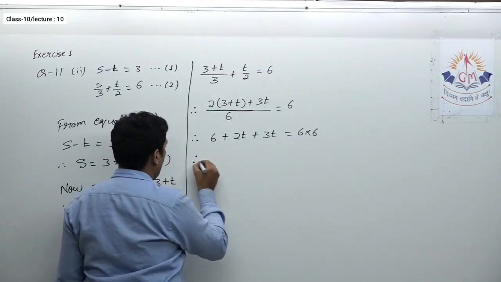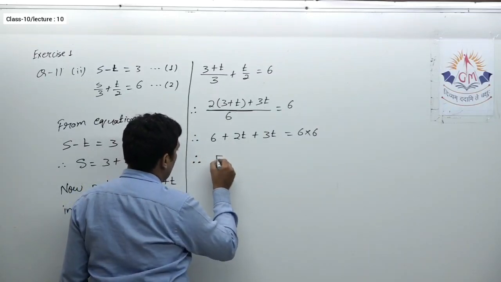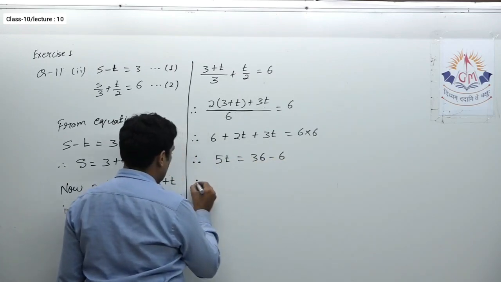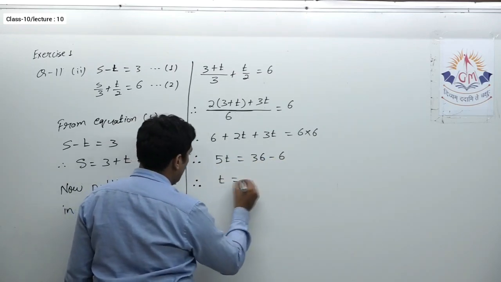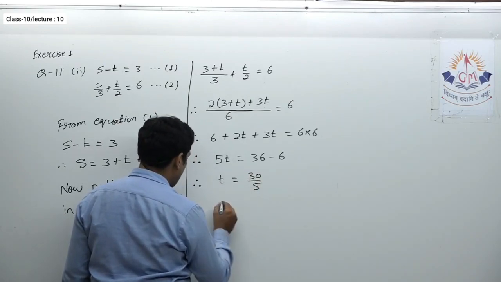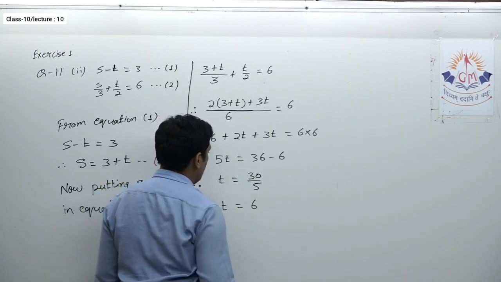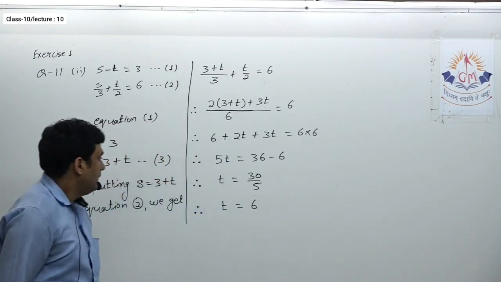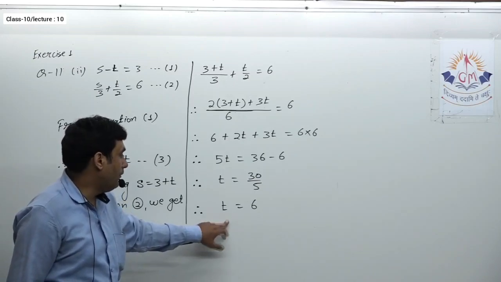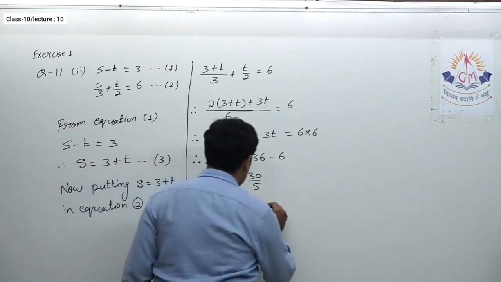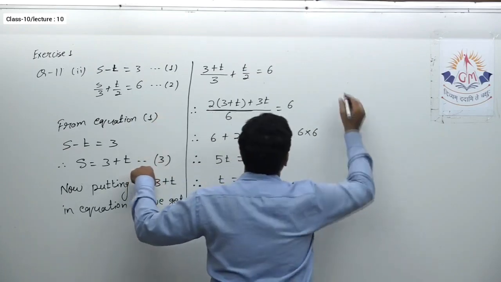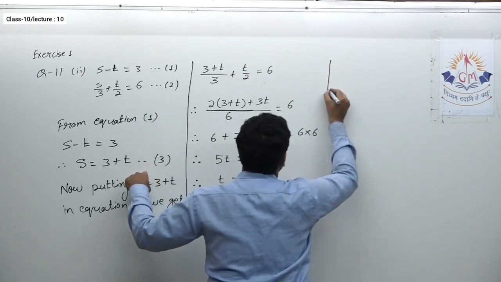So now I have 5t is equal to 36 minus 6. So this gives me the value of t, that is 30 upon 5. So I can say t is equal to 6. Here I obtained the value of one variable. Now putting this value of t in equation number 3, I will get the value of the other variable.